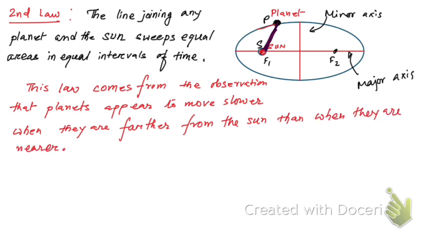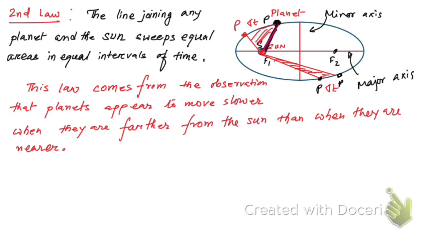Right, now let me draw something here. So this is the line joining P and S. Now here you see, this is the P after suppose time interval del t. When the planet moves from this position to this position, the area swept by this line will be equal if it takes the same time interval del t.